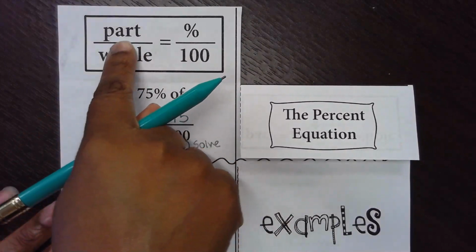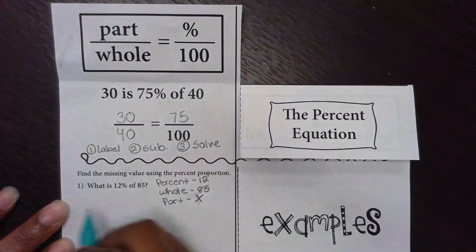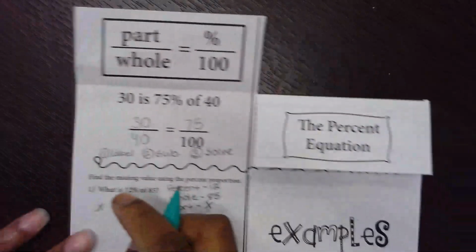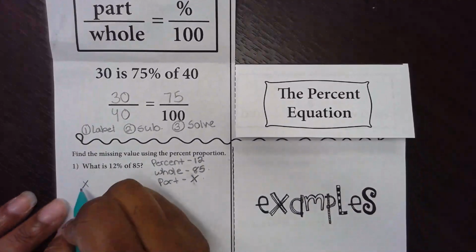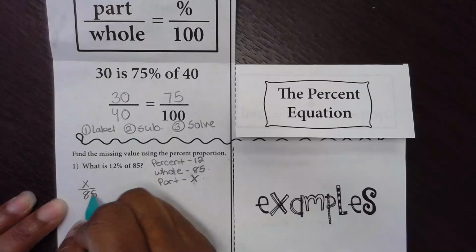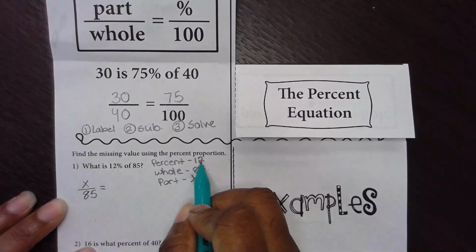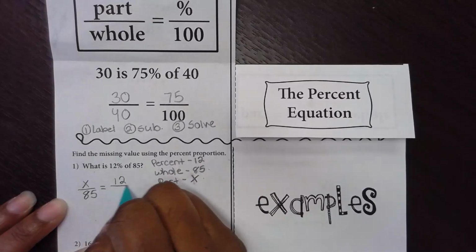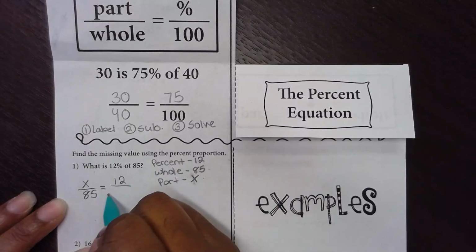The proportion says part over whole. So part would be X, whole is 85. Set it equal to the percent, which is 12, over 100.